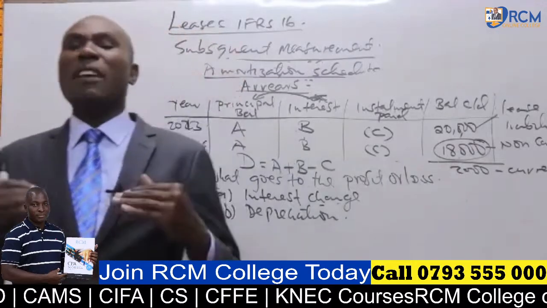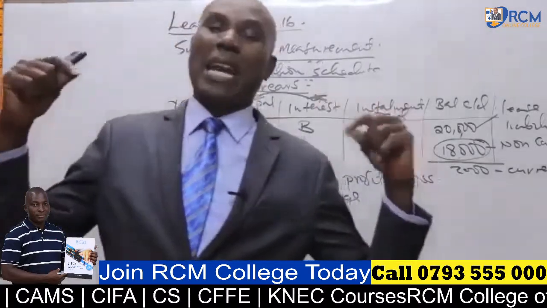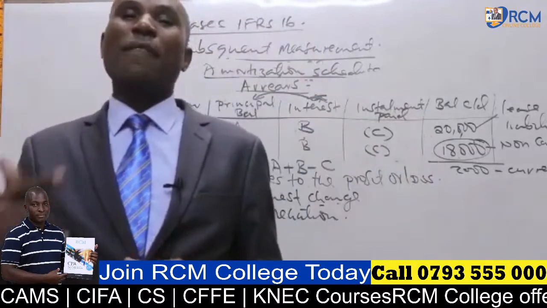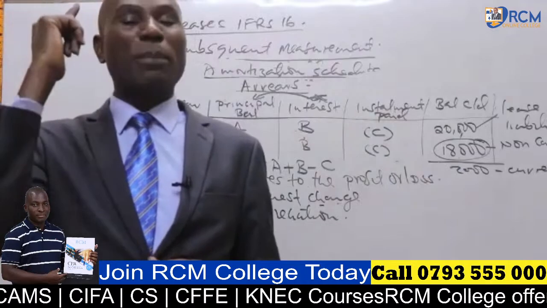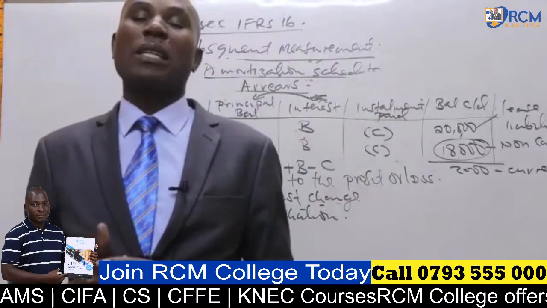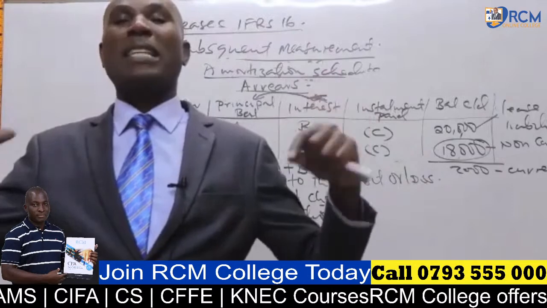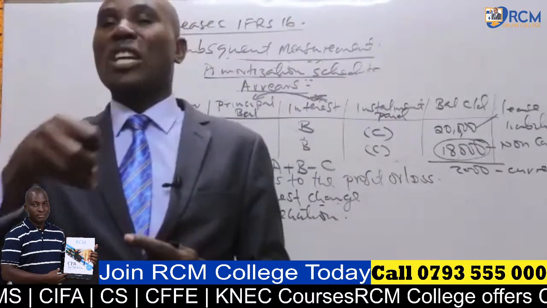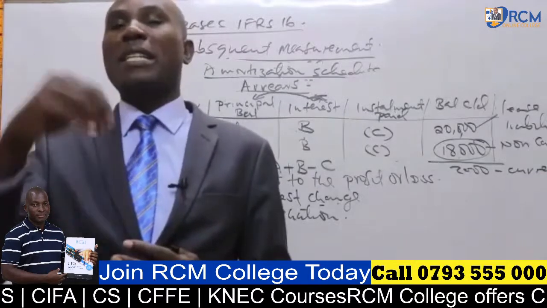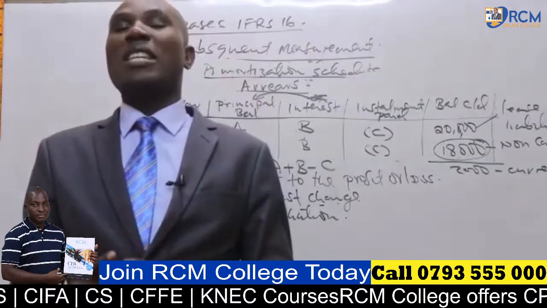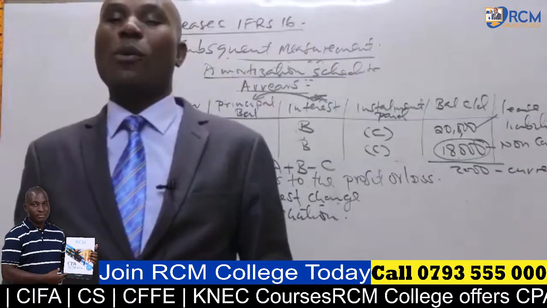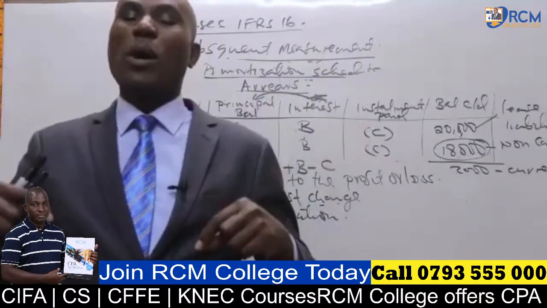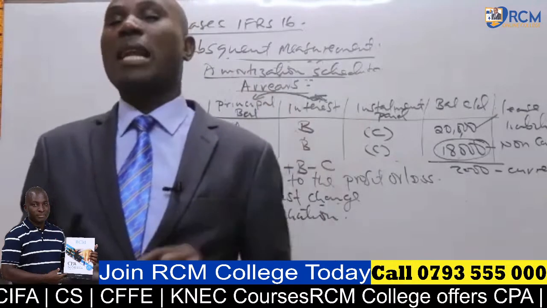But if payments are made in advance and the examiner wants year one, you only prepare for that year one, as I have already shown you in the schedule. The installment you are paying becomes the current liability.